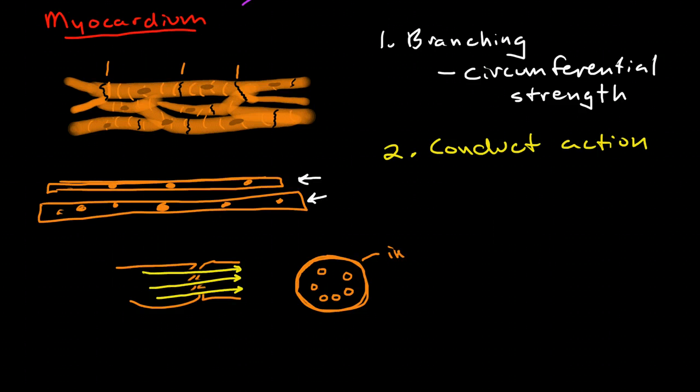Now I've heard this pronounced both ways. Pronounce it how you like. This is called the intercalated disc, and again it's just made up of these 6 proteins that allow ions to pass from one cell to the next where the cells are connected within the myocardium.